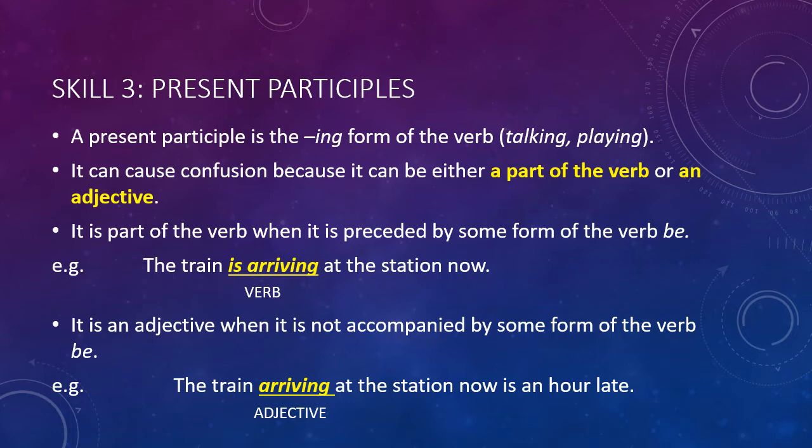So arriving here is the adjective modifying the train, to show which train it is that the speaker means. Okay, so arriving here is the adjective, while arriving here is part of the verb. Hope you can see the difference.